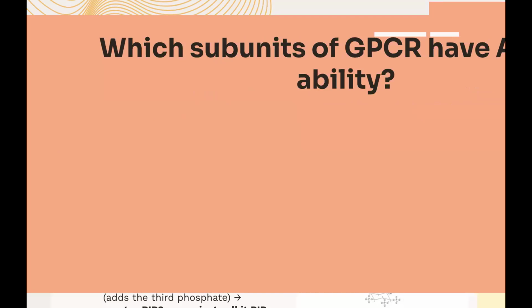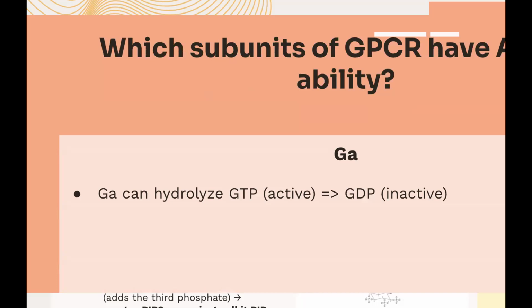Which subunits have the ATPase activity? Remember, ATPase means you can change ATP to ADP. Just one. Alpha. So the beta and gamma together still contribute signals, but they don't have the ATPase activity because they're not changing.